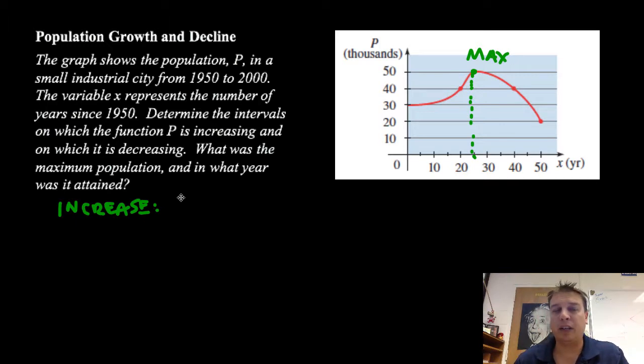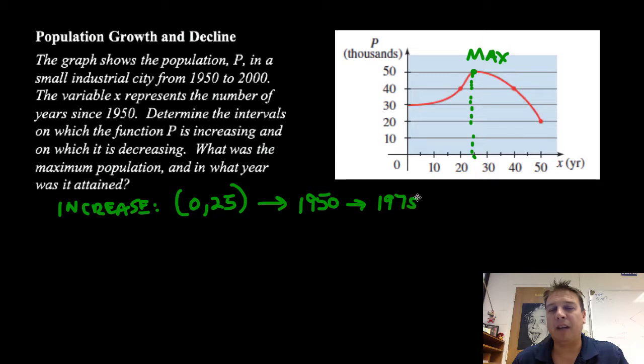So if we're talking about it as an interval, we're going to go from 0 to 25. What does that mean in reality? It means from 1950 to 1975, we had a population increase.